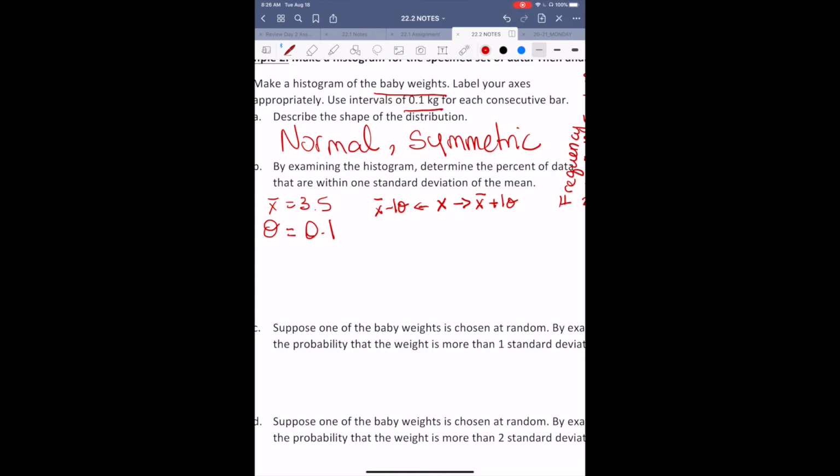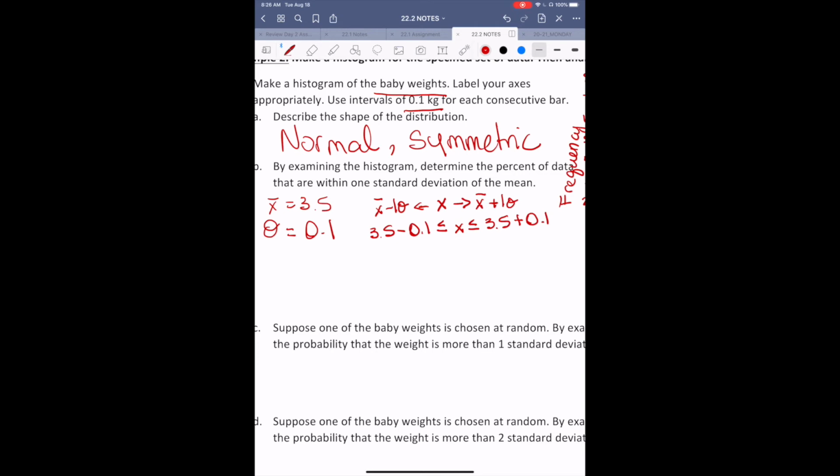Now, the way we can write this out to simplify is we're going to substitute. Remember, sigma is standard deviation, x bar is our mean, and x is data. So we're looking for how many data items. Okay? All I'm going to do is substitute here. My mean was 3.5 minus the standard deviation of 0.1, less than or equal to x, less than or equal to 3.5 plus 0.1.